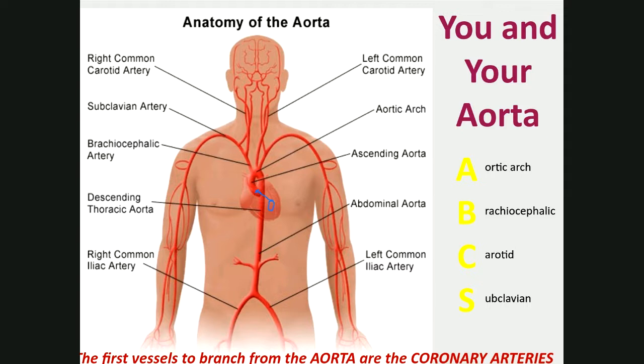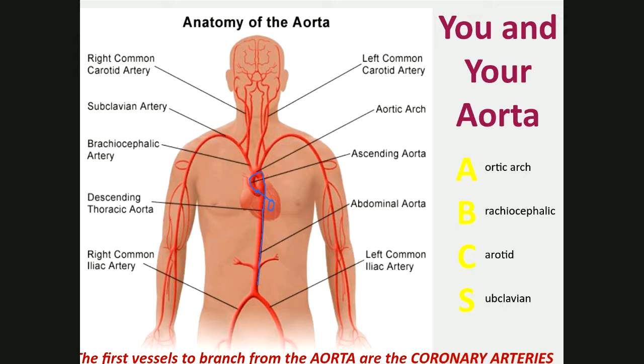Then it's going to go on the ascending aorta, and then the arch of the aorta, and then down the thoracic aorta and the thoracic cavity, abdominal aorta, and then separate into a right and left common iliac arteries as it goes into the lower extremities. So let's look at this arch.